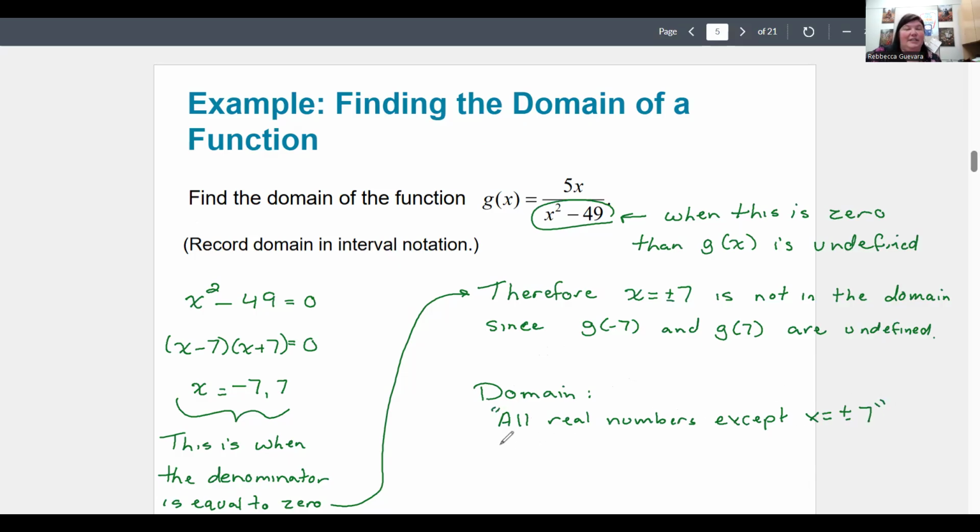Another way of saying this is x such that x cannot be negative 7 or 7. And then there's another way, which is interval notation. If we're thinking about a number line, we can have any value except negative 7 and 7.